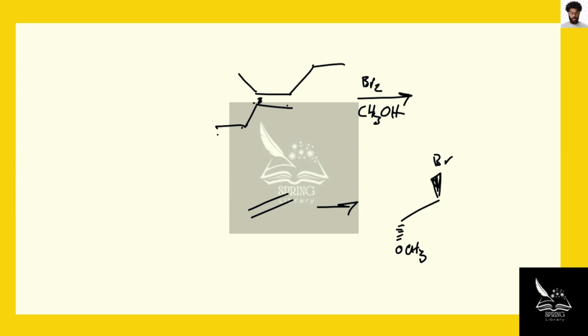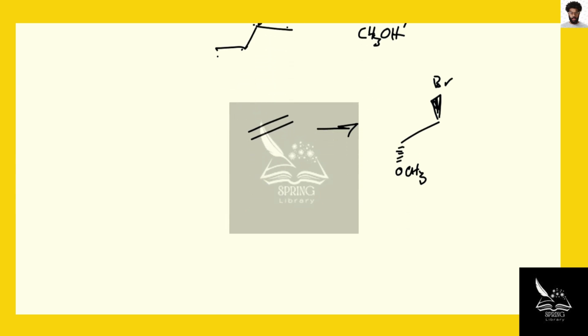So they should be added to opposite faces of the molecule. And it's sort of arbitrary which side they get added to, so we might get a molecule such as this. We might also get, in equal proportion, this molecule where bromine added to the back and our methoxide added to the front.